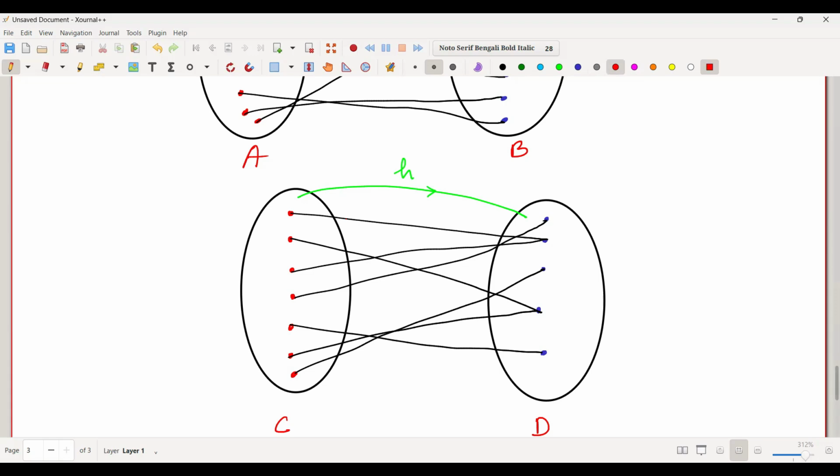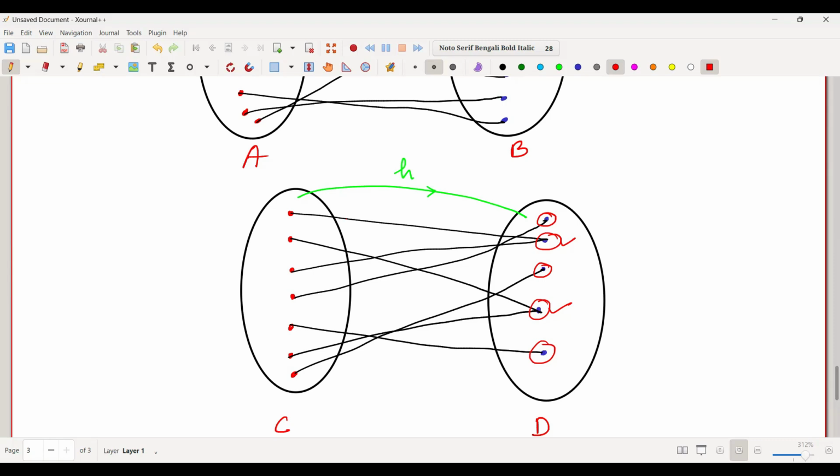Like this element has one pre-image, this element has two pre-images, this element has one pre-image, this element has two pre-images, and this element has one pre-image.